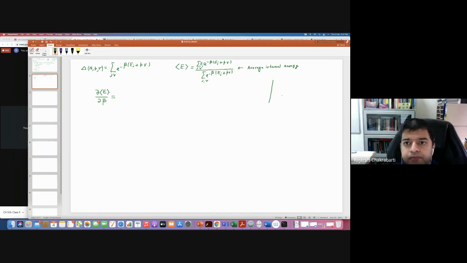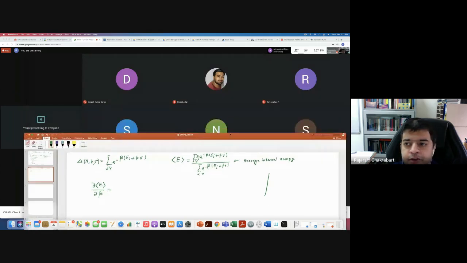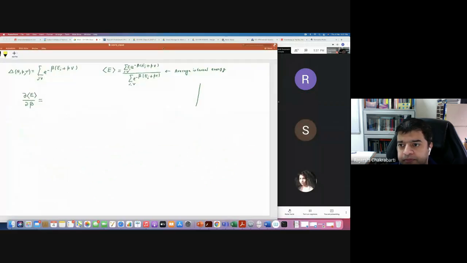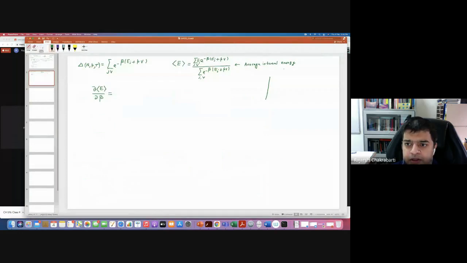Differentiation? Say yes. You don't remember or what? Nashid? Yes, I remember. So just give me, I'll tell you how. If I have a function of x, divided by another function of x, and I take d/dx of this, what should be on your right hand side? The denominator is g(x) squared.